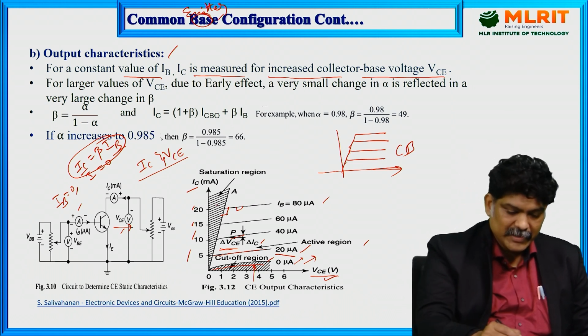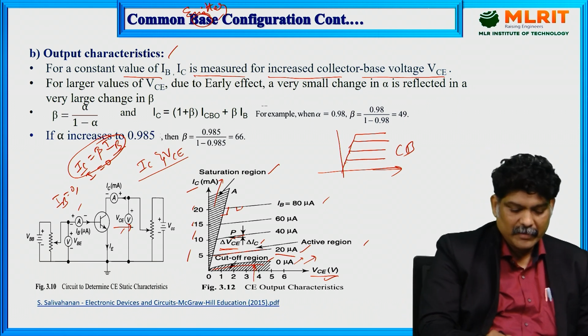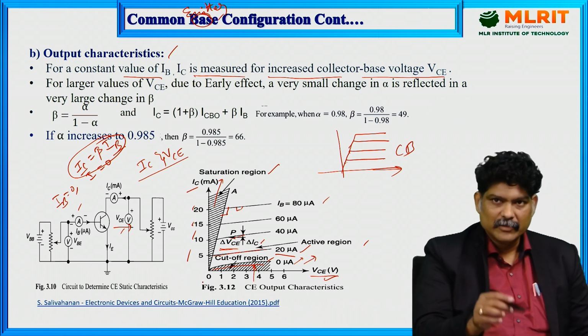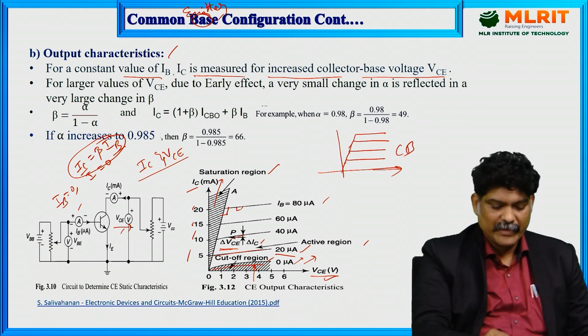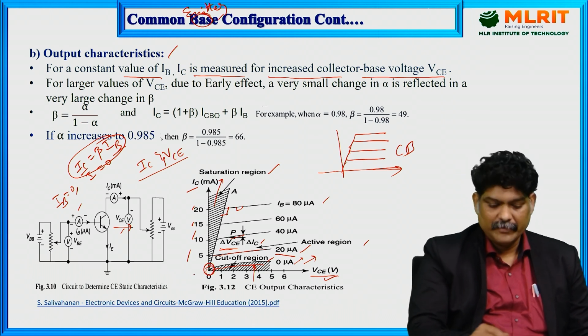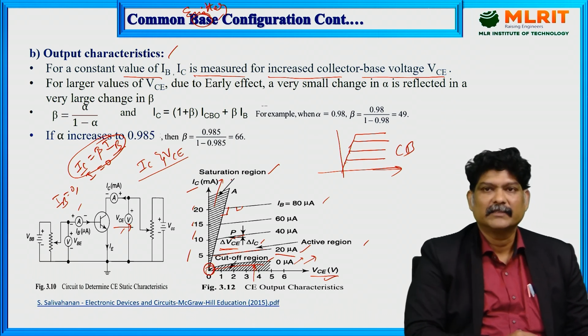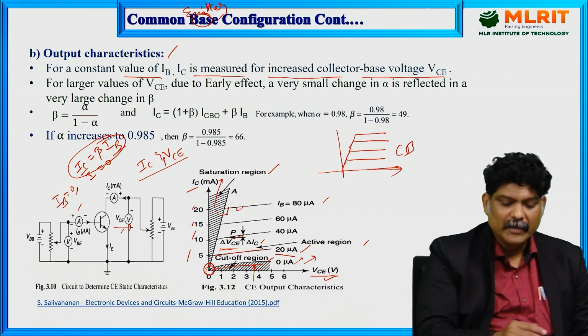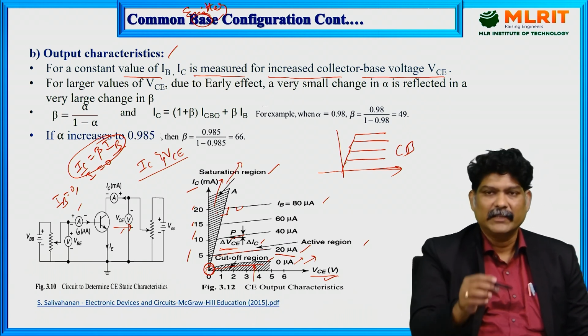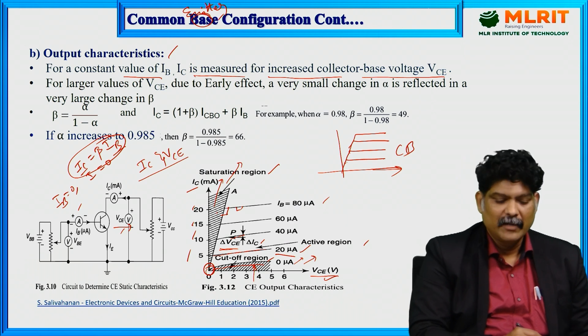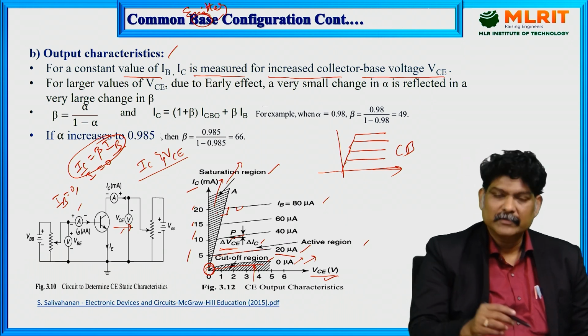And this region is called the saturation region. With a very small amount of VCE, the current rises abruptly, and this part is termed the saturation region. In this region, your transistor works as an ON switch.